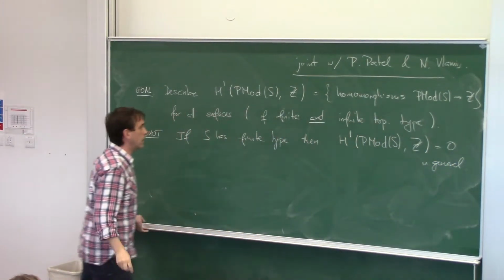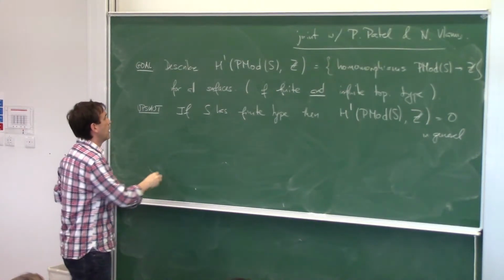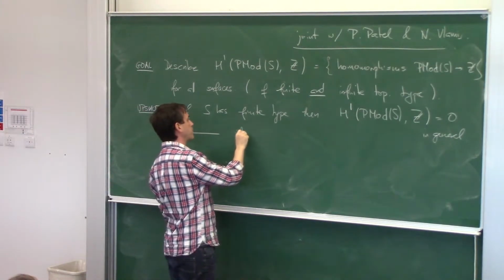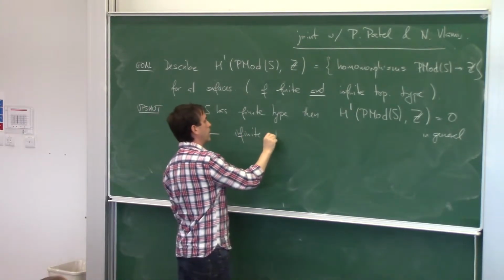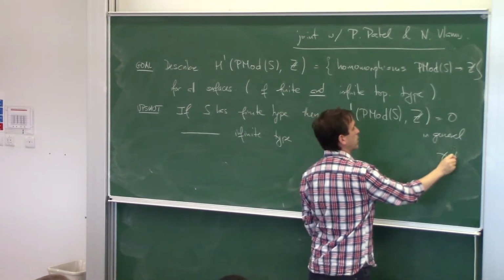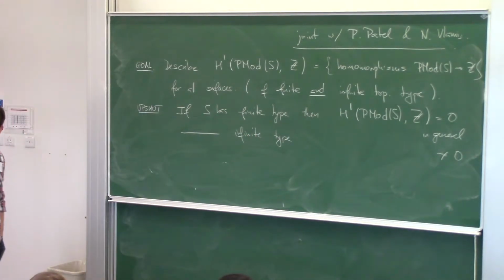But when S is allowed to have infinite genus, then that's no longer the case. So if S has infinite type, then in general this is not zero, and we're going to describe exactly how it's not zero.